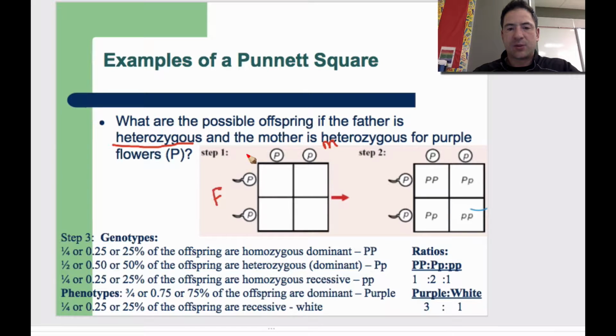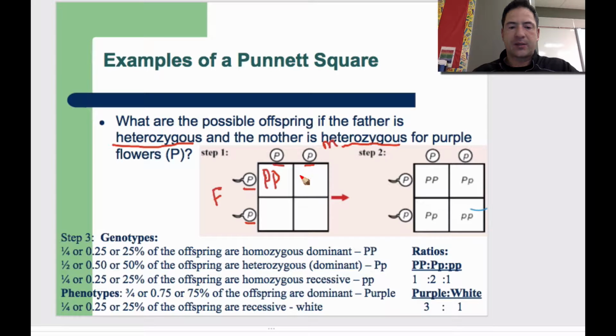Okay, so we're going to show the heterozygous father and a heterozygous mother. If you take a look here, this is dominant, that is recessive. This is dominant, that is recessive. Okay, so now we are going to put these together. I would take this dominant allele, always put the dominant first, and I would take that dominant allele there.